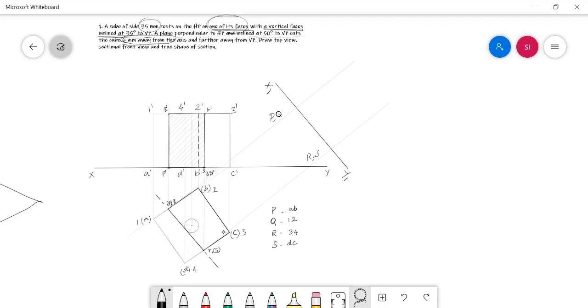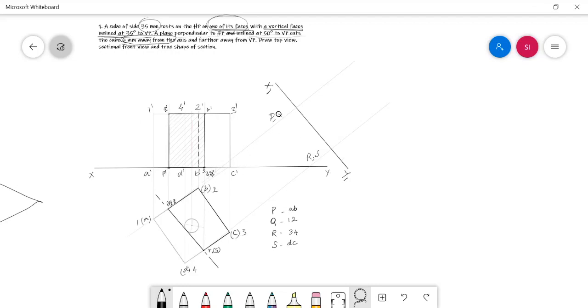In this problem, the cutting plane is perpendicular to HP and inclined to VP. So the sectional view will be obtained only in the front view. So we need to take the distance of each and every cut point with respect to the XY line from the front view. Here the point P dash is in the XY line itself.